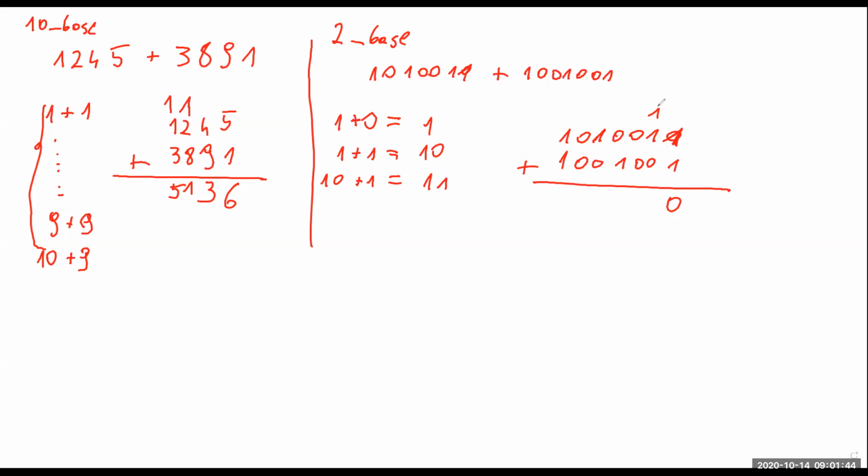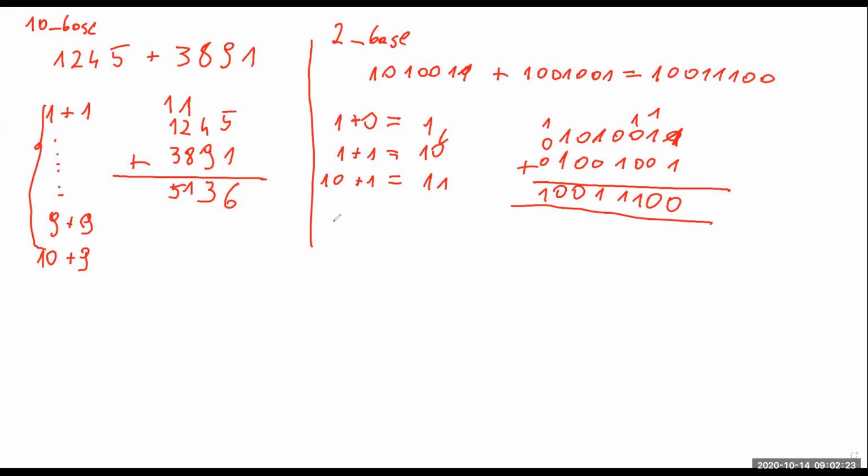I have 0 plus 1 plus 1, so I have 0 here, and I move 1 here. 0 plus 0 plus 1 is 1. 0 plus 1 is 1. 1 plus 0 is 1. 0 plus 0 is 0. 1 plus 1 is 0, and I move 1 here. I can add zeros here, so I get the value like this. The result is 0, 0, 1, 1, 1, 0, 0.